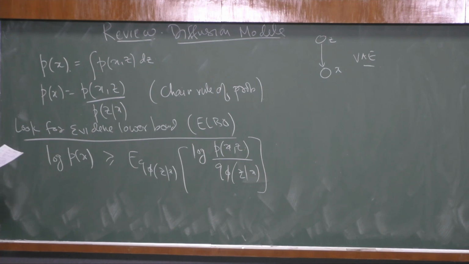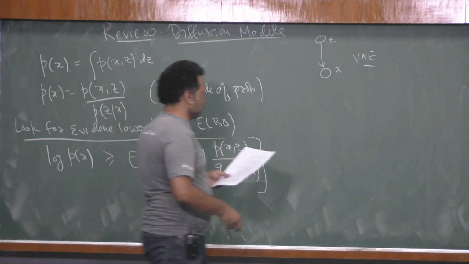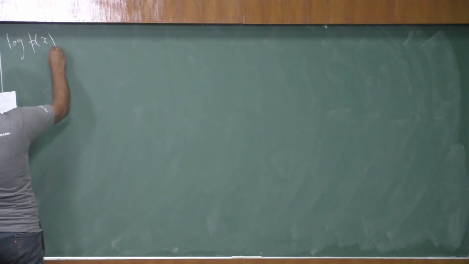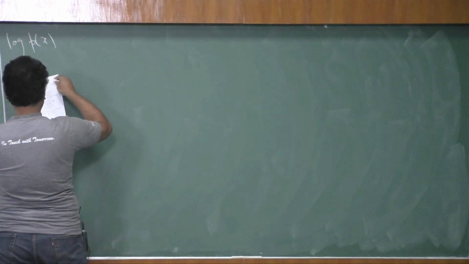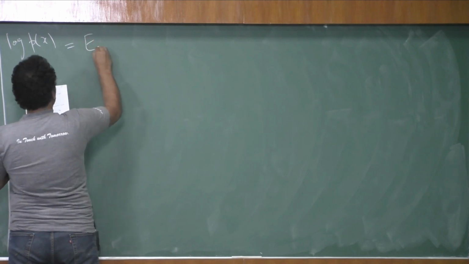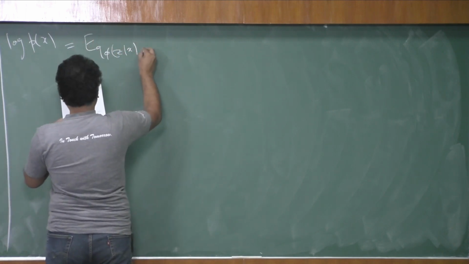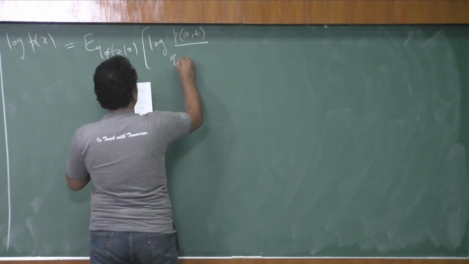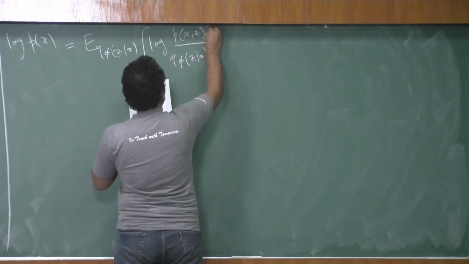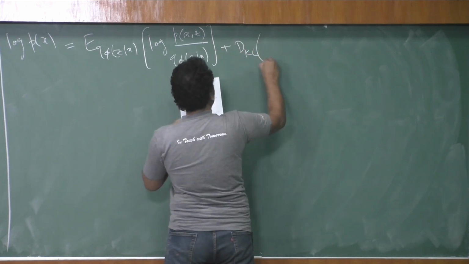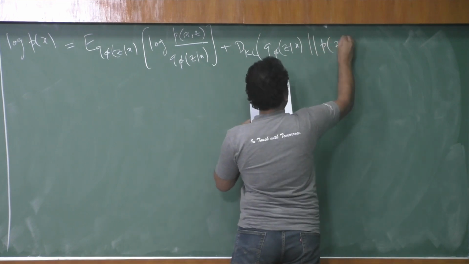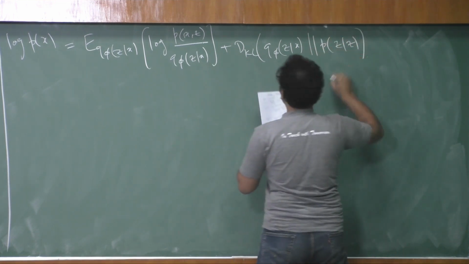There's also another view where we have seen that this is equal to the expectation over q_phi(z|x) of log of p(x,z) divided by q_phi(z|x), plus the KL of q_phi(z|x) and p(z|x).